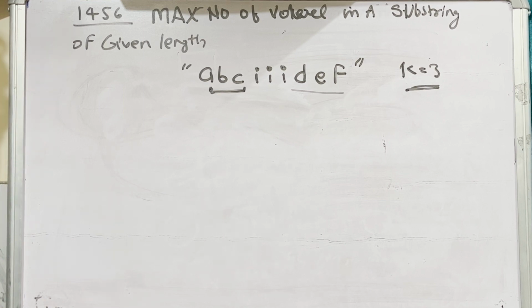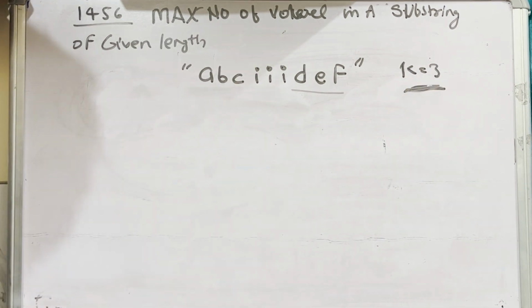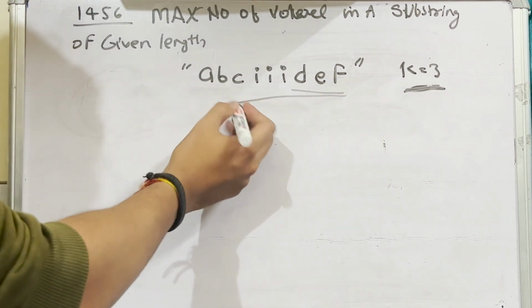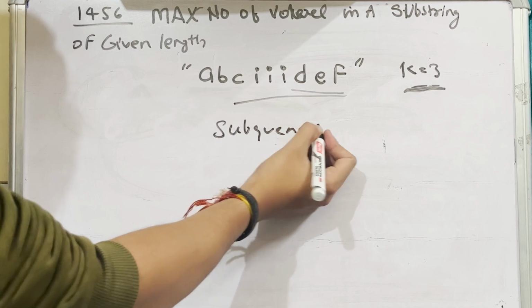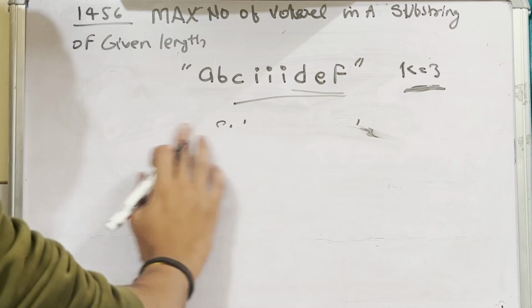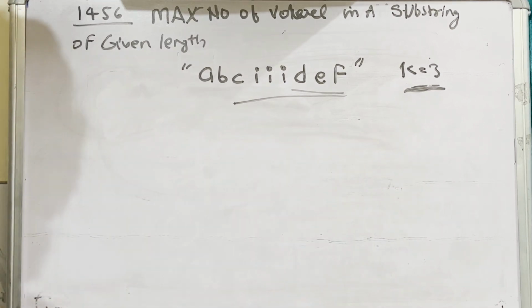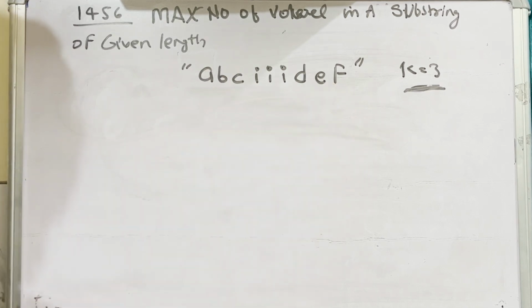The thing is how to solve or how to think in this question. You are simply given k and a string, and whenever there is a term subsequence, or a substring, or a subarray, that is mostly for sliding window questions, as you have to create a window.